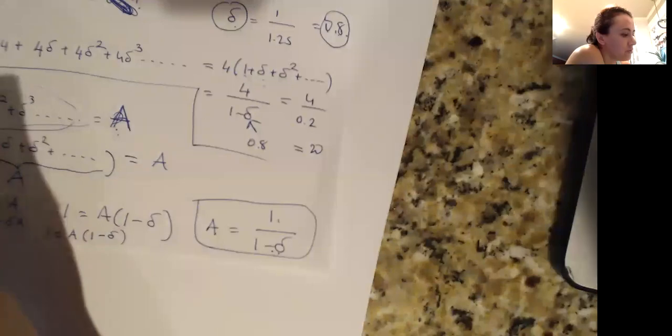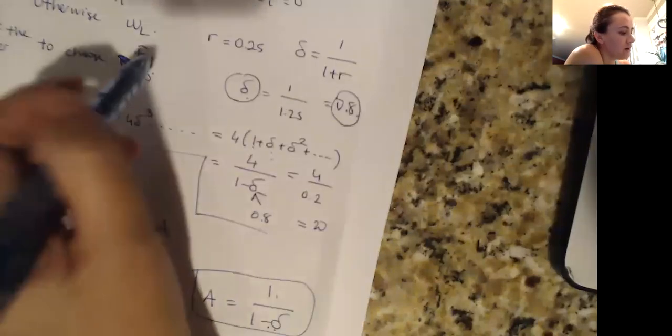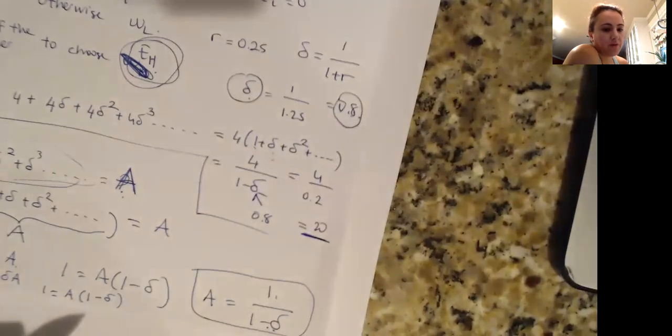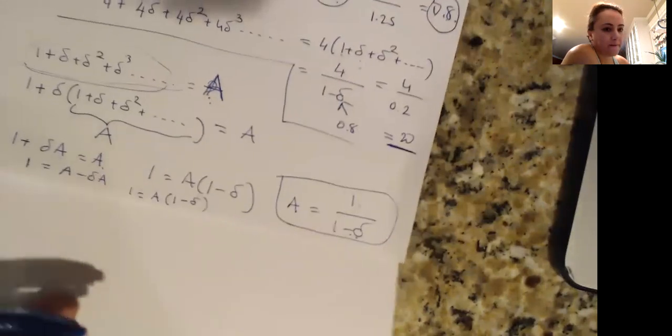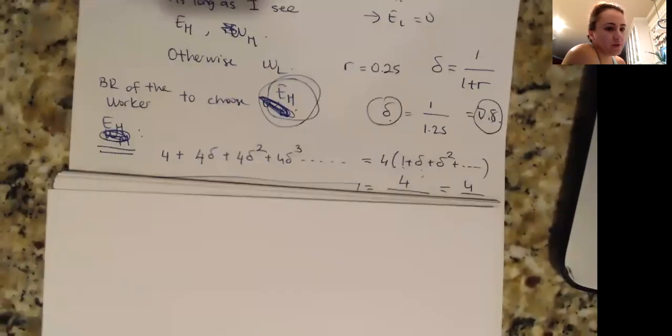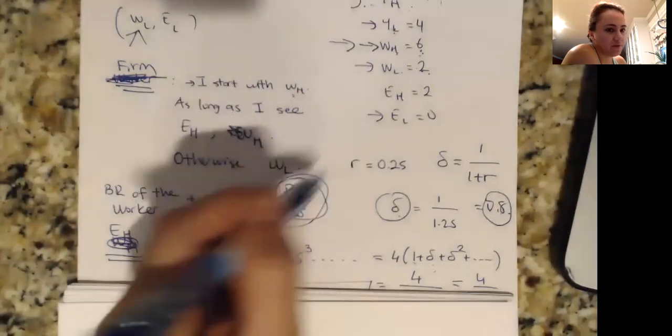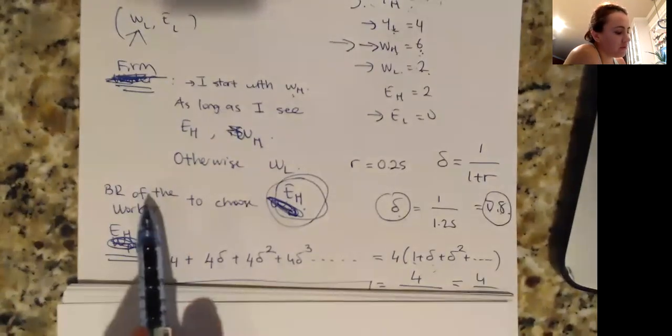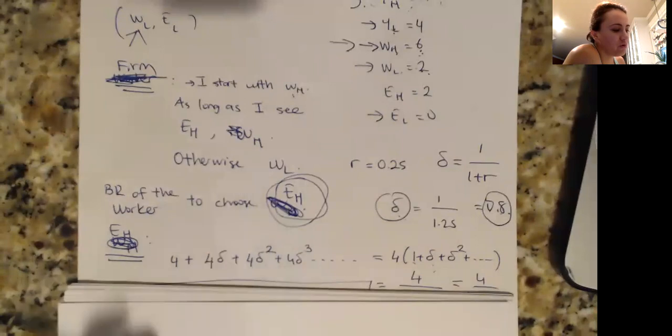So if you stick with choosing high effort all the time, your payoff is going to be 20. What if you cheat? So the firm is still using the same strategy, but instead of choosing high effort, you choose low effort.